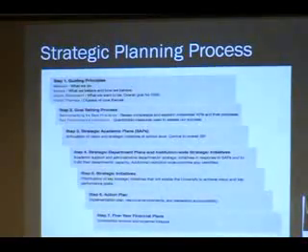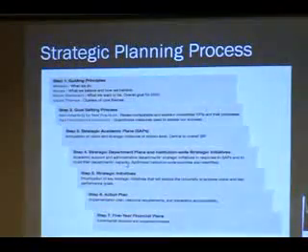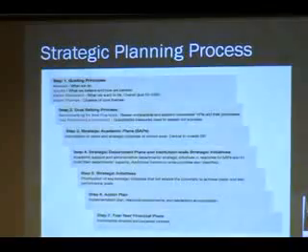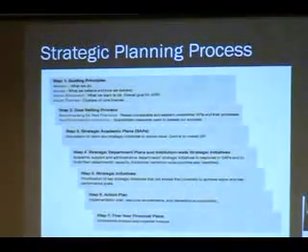It's not the other way around. The academics do not exist to support the rest of the university. The rest of the university is supposed to support academics, and so we created the academic plans first, and then we started creating the plans for financial strategies, IT, the student advising offices, and so on.